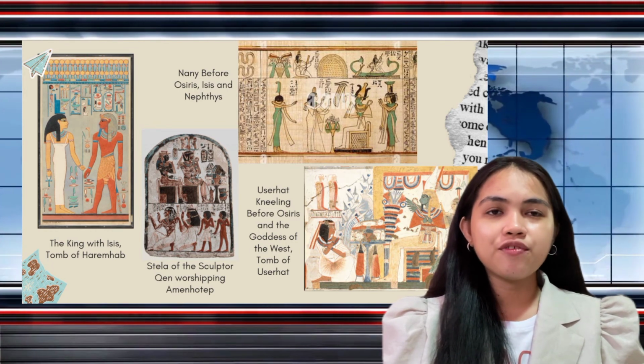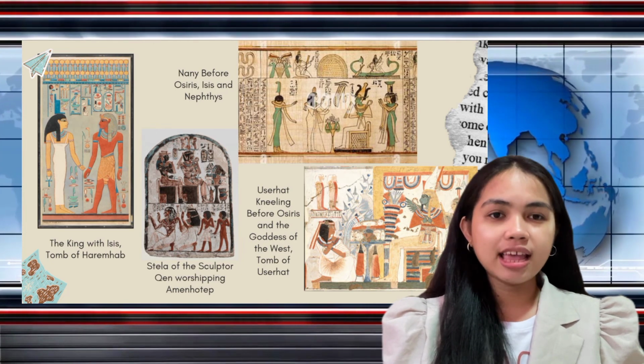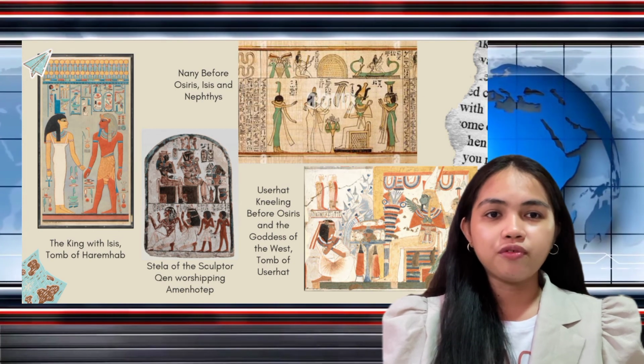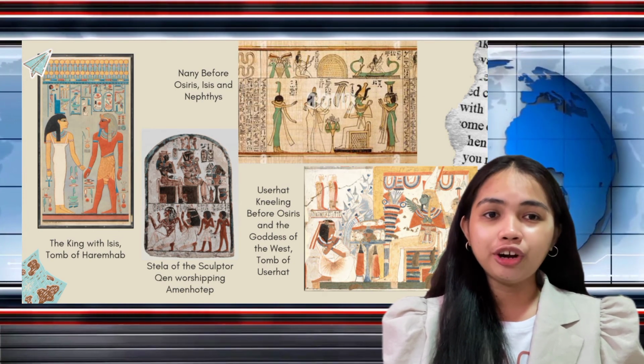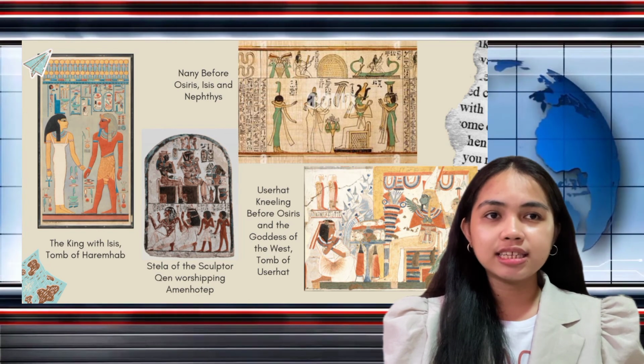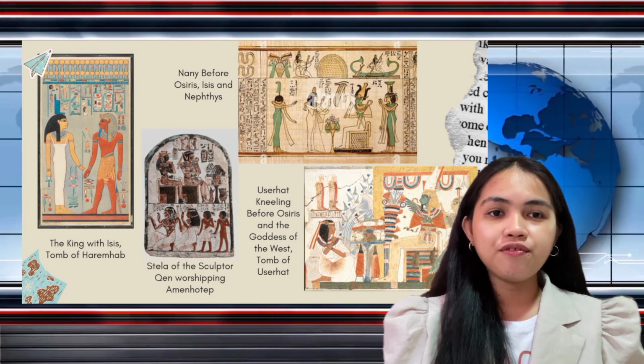Third is a painting by an artist named Norman de Garis Davies entitled Userhat kneeling before Osiris and the goddess of the west, Tomb of Userhat. Fourth example is a painting called Nani before Osiris, Isis, and Nephthys during the Third Intermediate Period, 1050 BC.